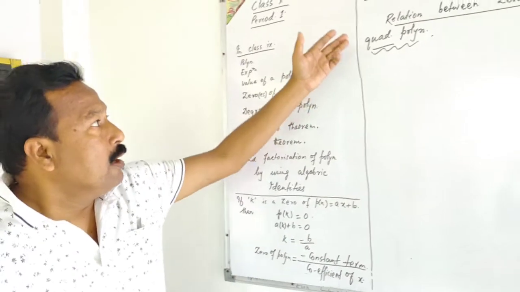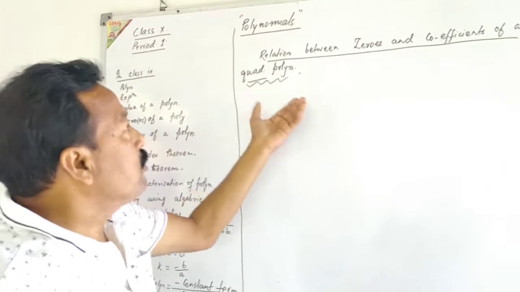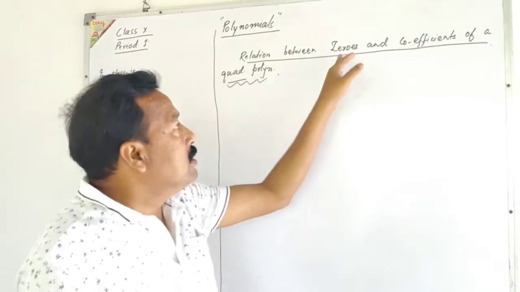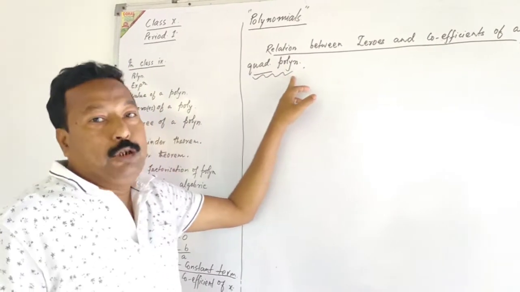Today we'll study clearly and elaborate the relation between the zeros and coefficients of a quadratic polynomial.